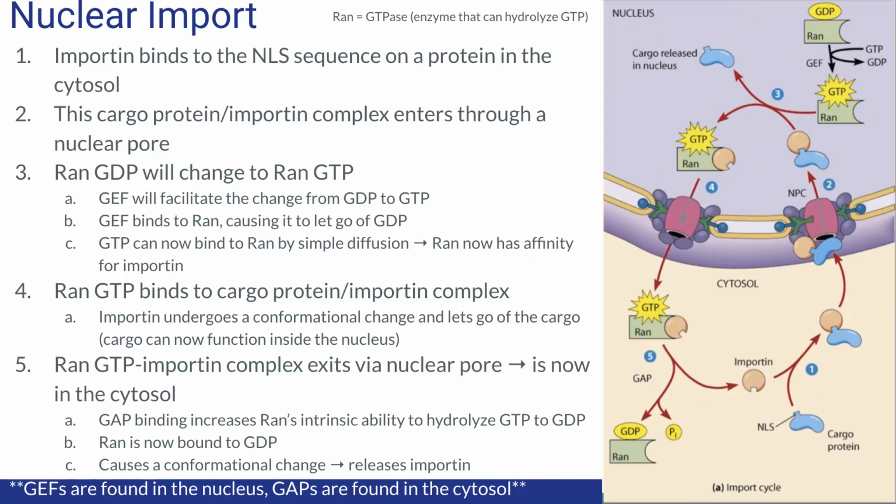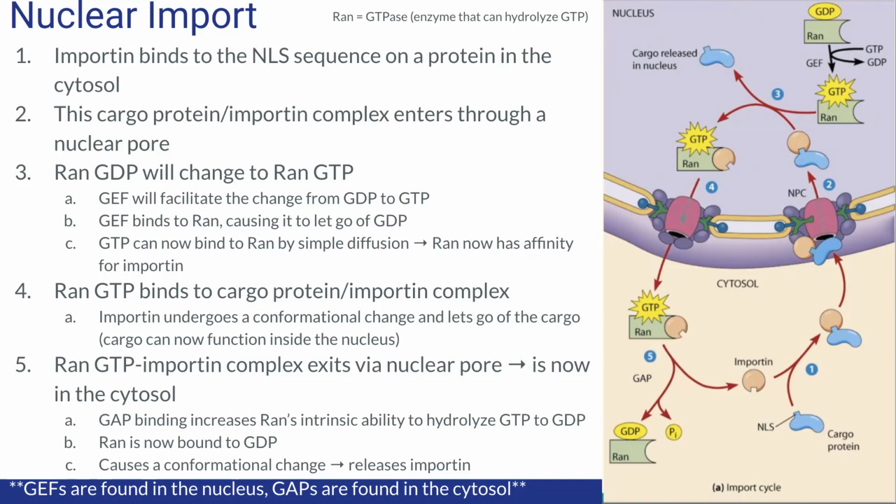Any other questions on that? I'm going back to a question that was on our first exam, which asked, if RAN's affinity for GDP was decreased such that GDP diffused out, how would that impact this cycle? I got that wrong, so I'm trying to reinforce my understanding.